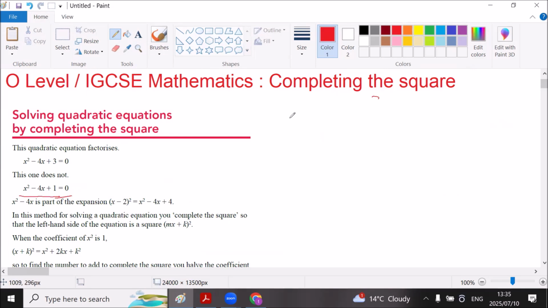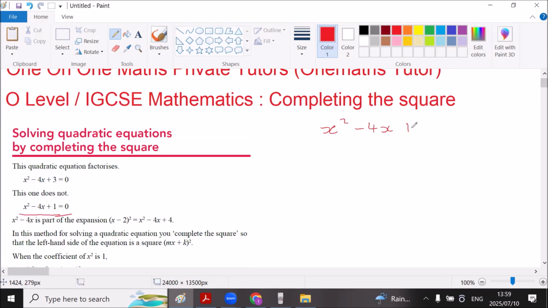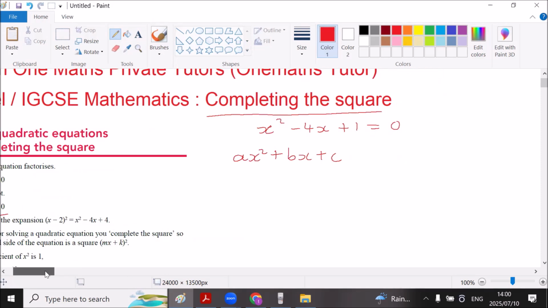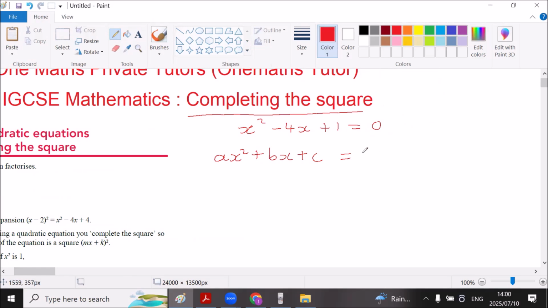Now, in completing the square, if we have a quadratic expression, let's take the left-hand side of this equation, x squared minus 4x plus 1. An expression in the form ax squared plus bx plus c, similar to this one above, can be expressed in the form a(x minus h) squared plus k, where a, h and k are numbers.